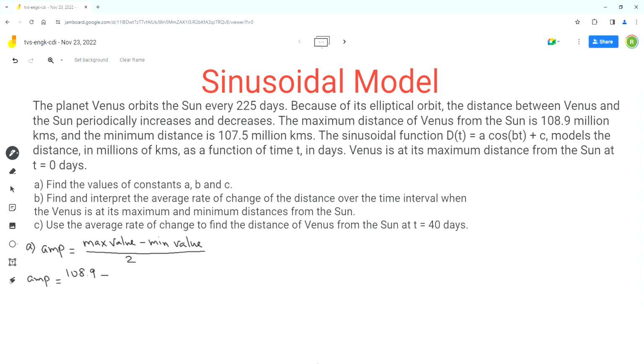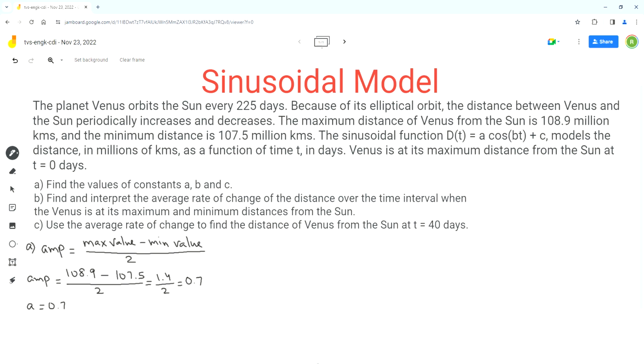The minimum value is 107.5, over 2. Now we can evaluate this expression. It's 1.4 over 2, which is equal to 0.7. So the A value is equal to 0.7.